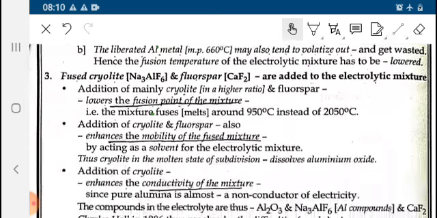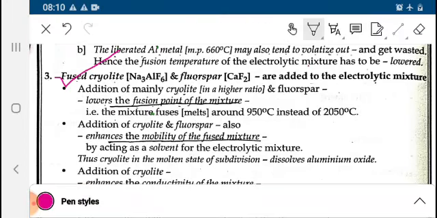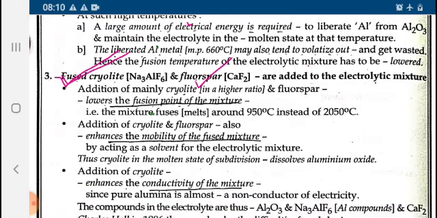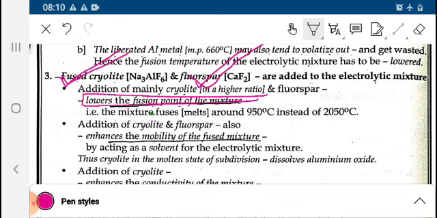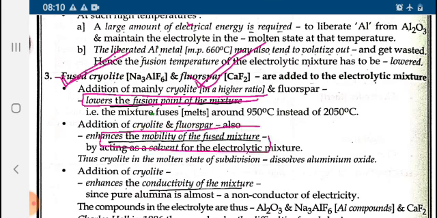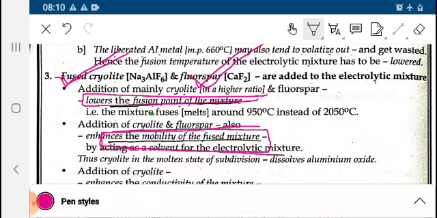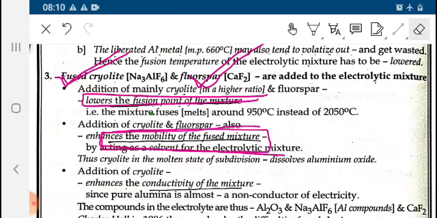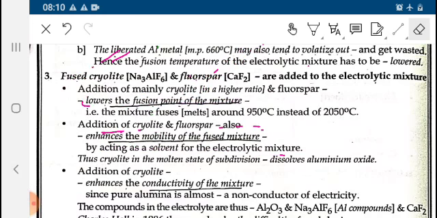As you can see in this question, fused cryolite and fluorspar are used to lower the fusion point of the mixture so that the temperature can be reduced and mobility can be increased. So what are the two functions? One is to lower the fusion point and second is increasing the mobility of the fused mixture.